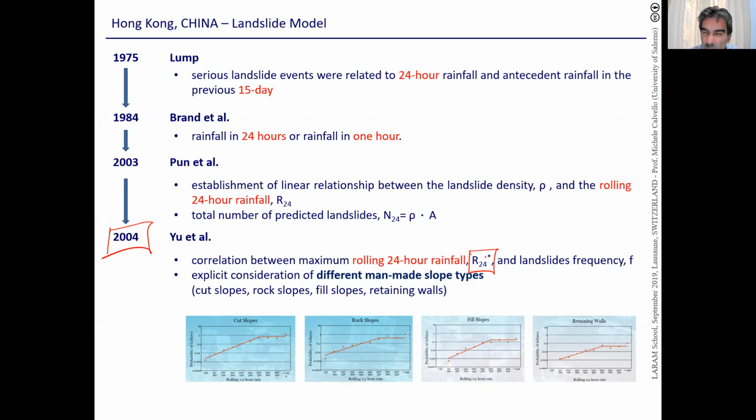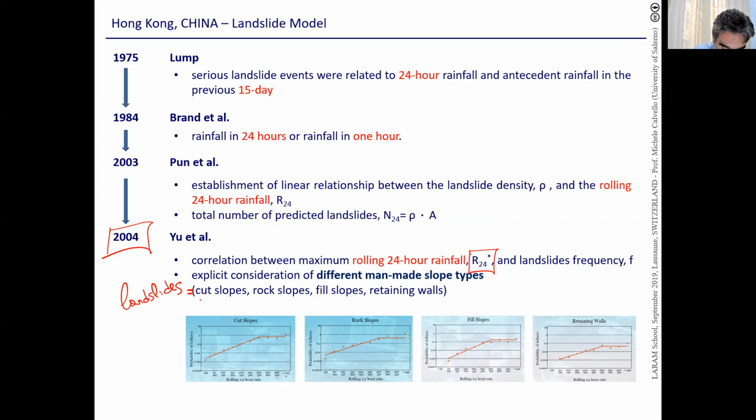Watch out. What do they mean by landslides? Indeed, for them, landslides are not shallow landslides or debris flows, but slope instabilities in specific areas that are anthropic areas where people are.